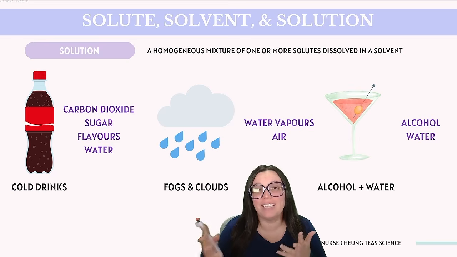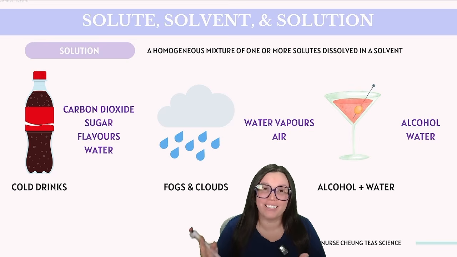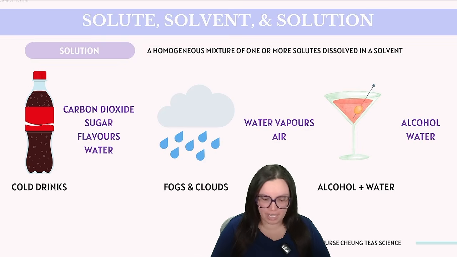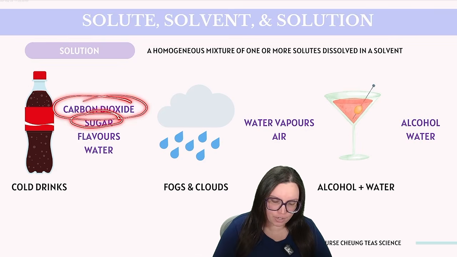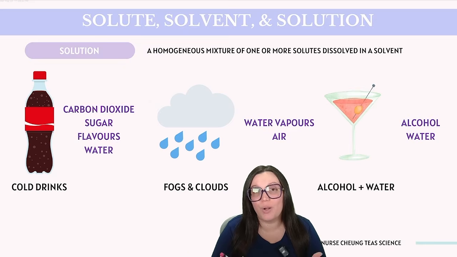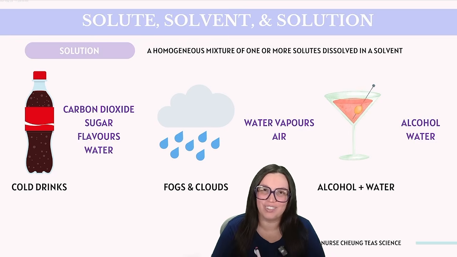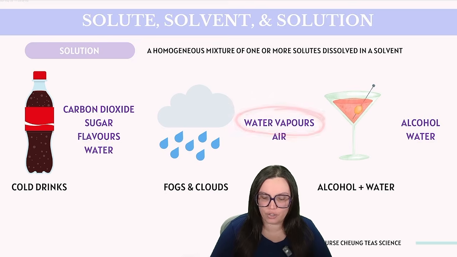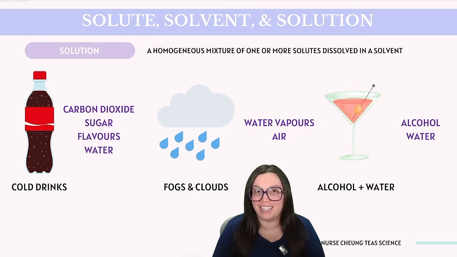So here are some common examples of solutions to illustrate this concept. When we're looking at cold drinks, we have a combination of carbon dioxide, sugar, flavors, as well as water. When mixed together, they form a homogeneous mixture. This means all components are evenly distributed throughout the drink, making it a solution. In the case of fog and clouds, water vapors are dissolved in air, making it a homogeneous mixture.